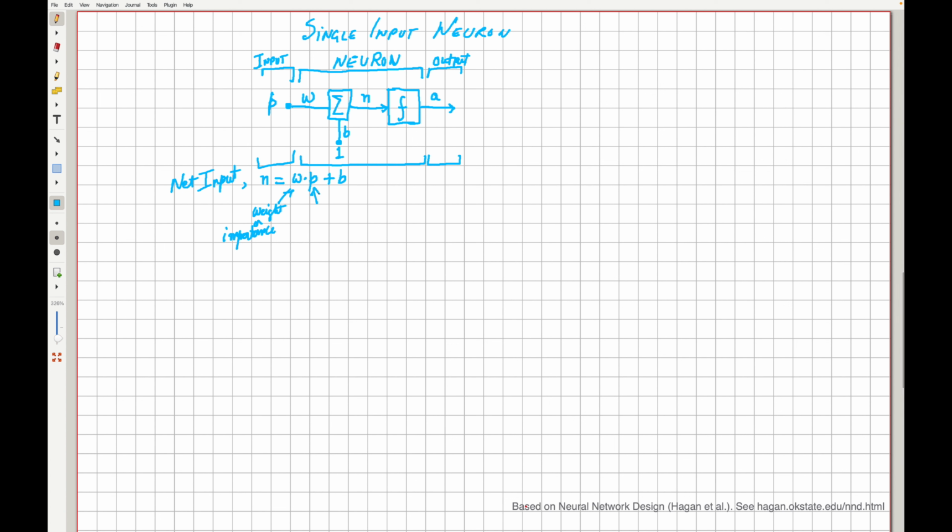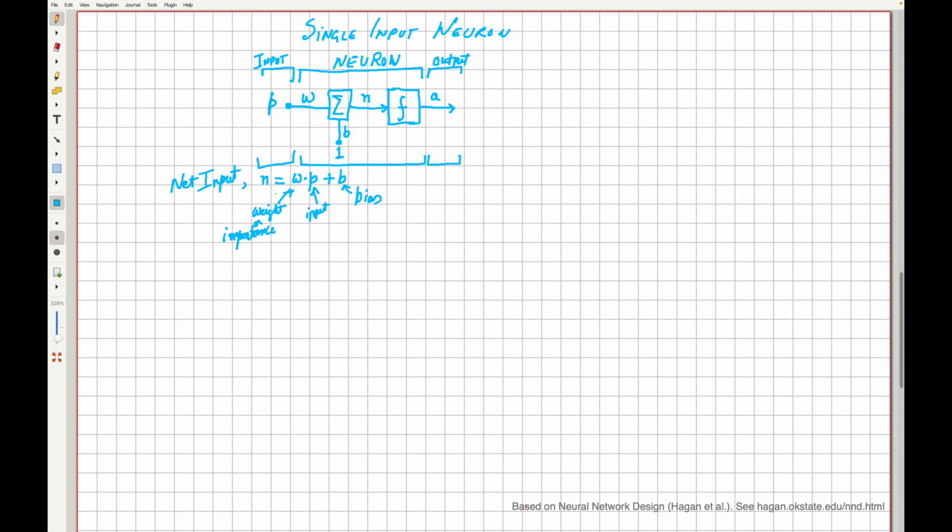And because we have a single input, we just have the letter p without any subscripts. So this is our input, and b is the bias, which is used for thresholding or moving the decision line, and we'll see that as we go.